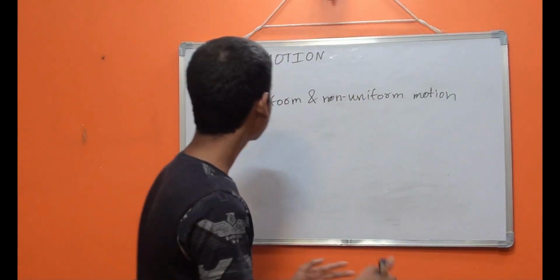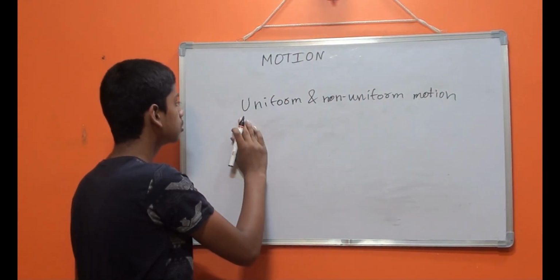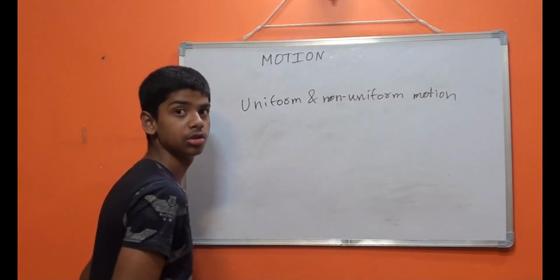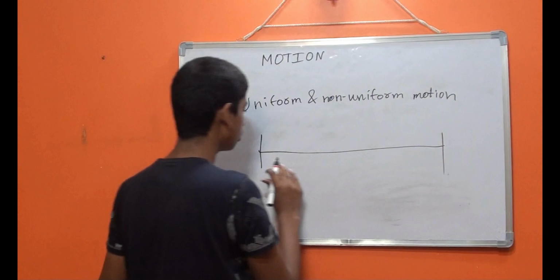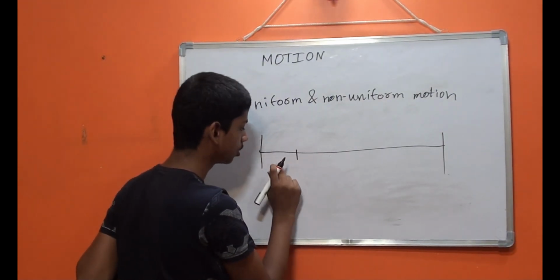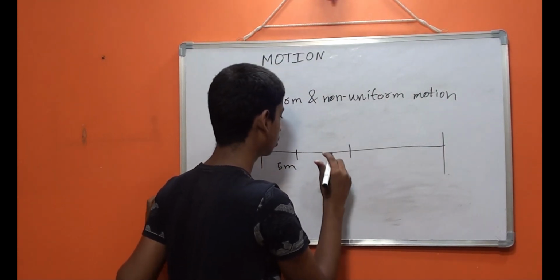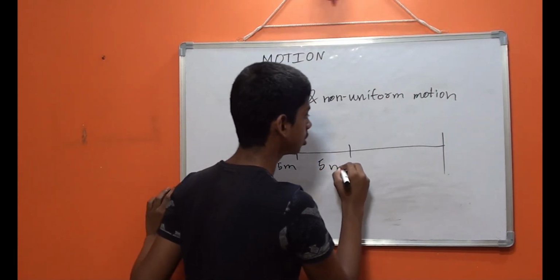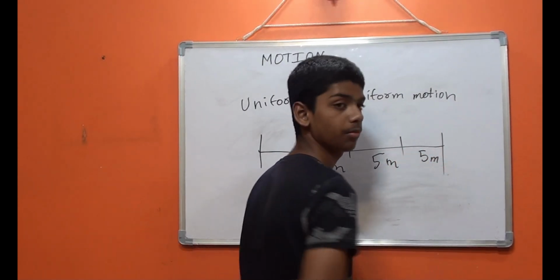Now let's see about our next topic. Friends, now let's learn about uniform and non-uniform motion. So what is uniform and non-uniform motion? Let's take a road. Here this part is 5 meters, this part is 5 meters, this part is 5 meters, this part is 5 meters, this part is 5 meters.